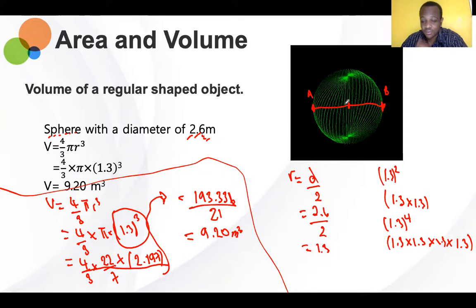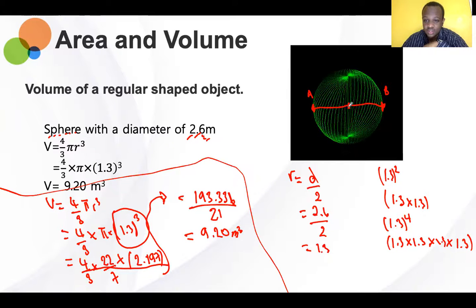So our radius is the distance from here into the middle, right? So that would be half of our diameter. I apologize for that, Mr. Johnson. So our radius is d over 2, right?